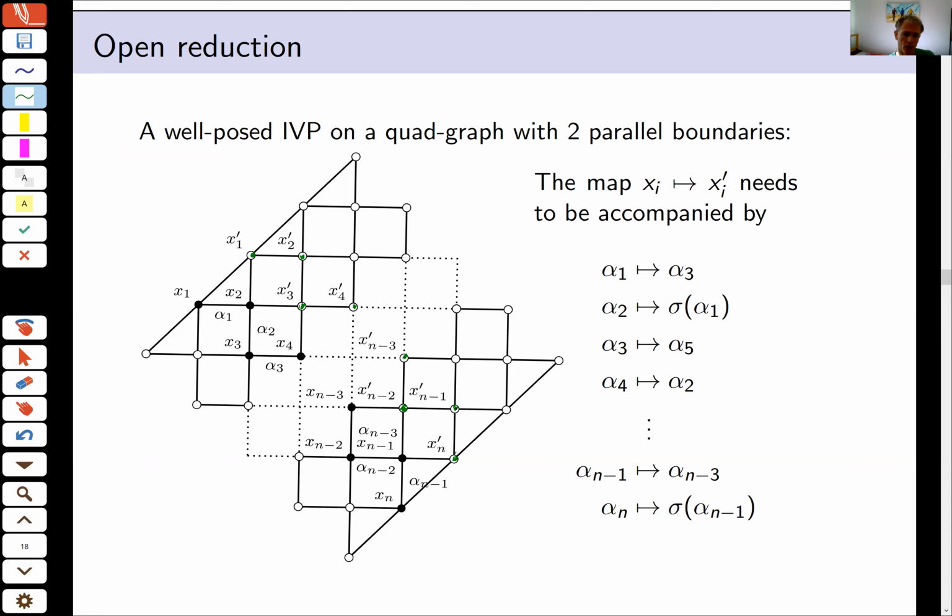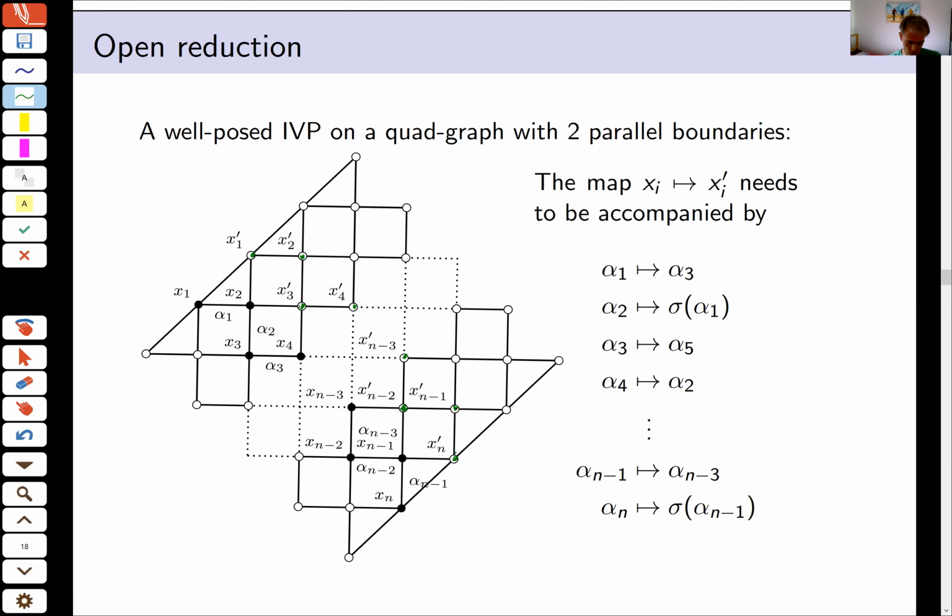Namely, we can take all the parameters on the horizontal edges to be the same, let's call it alpha, and all the lattice parameters on the vertical edges, we can take that as sigma alpha, where sigma is that involution that is related to the boundary equation. So then you get rid of that transformation between the parameters, and you have an autonomous map, an n-dimensional map.